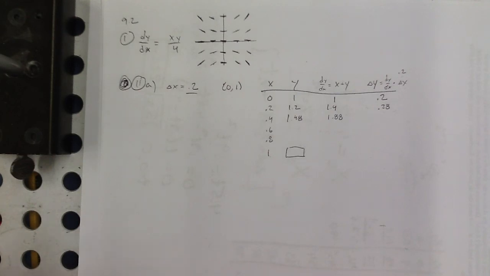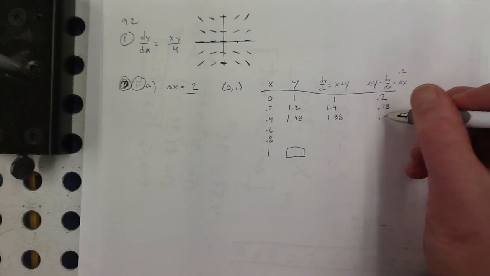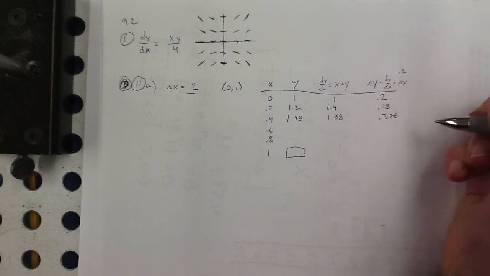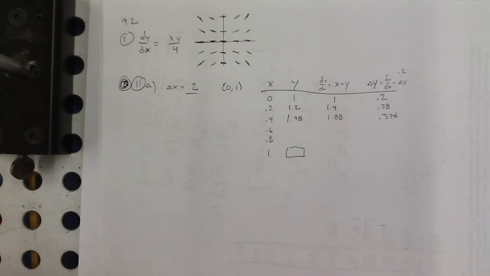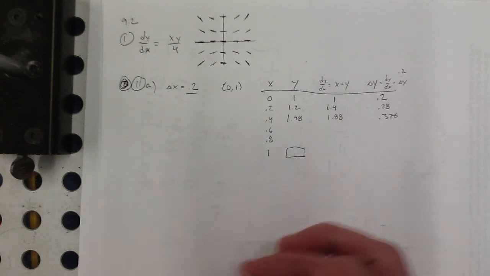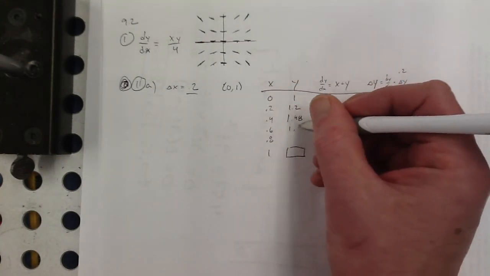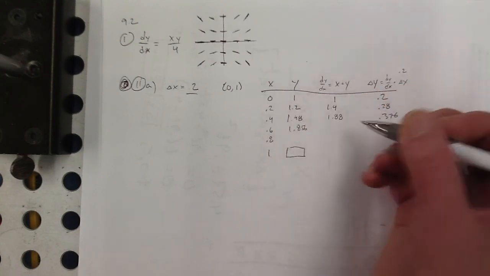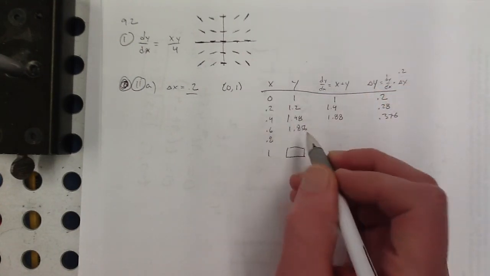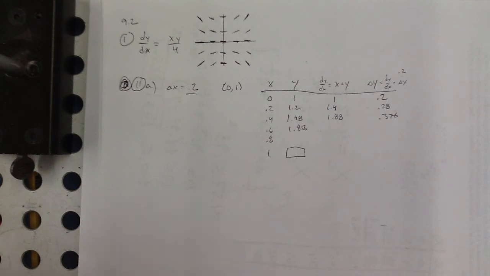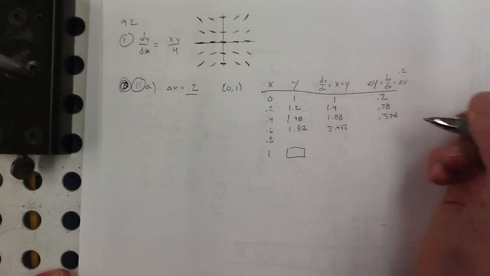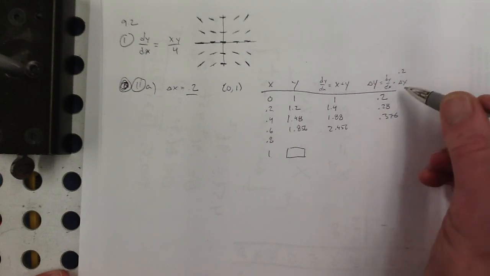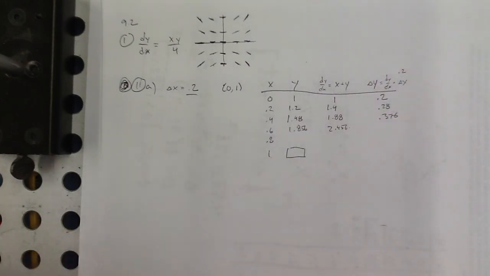And 1.88 times 0.2, 0.376. And then I'm going to add that back to my y value. That gives me 1.856. And then I'm going to find my slope, which I get by adding those together. 2.456. And then I'm going to multiply that by 0.2.